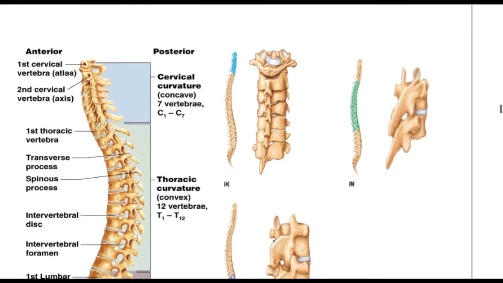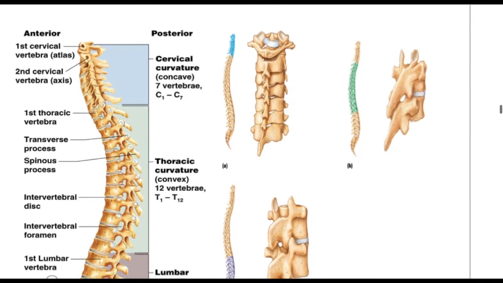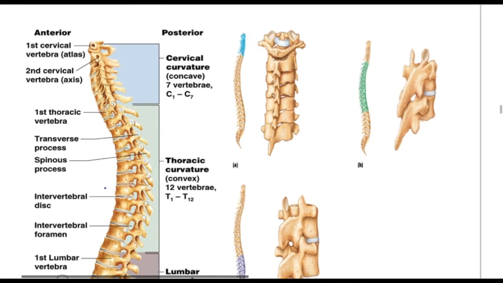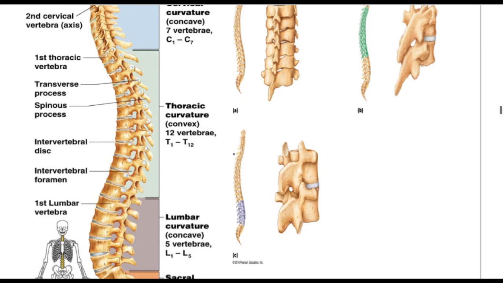So looking at our whole spine here, we have our anterior side and our posterior side. We see our cervical vertebrae here, what they look like. This is going to be our thoracic vertebrae, and then our lumbar vertebrae here.